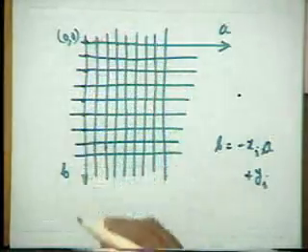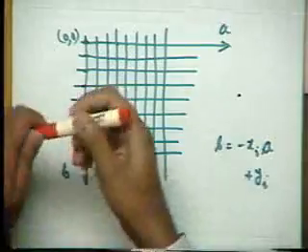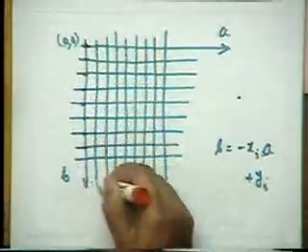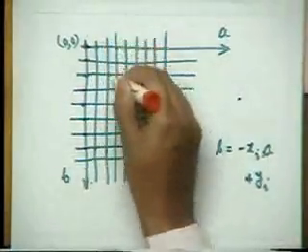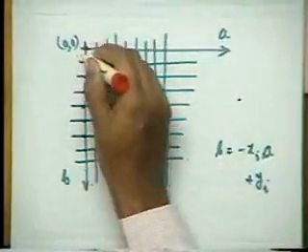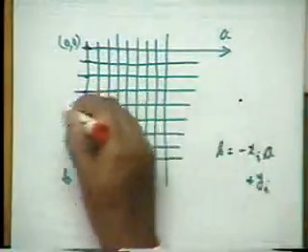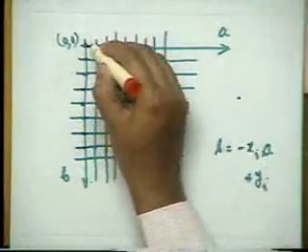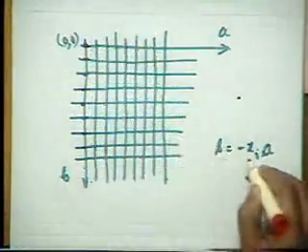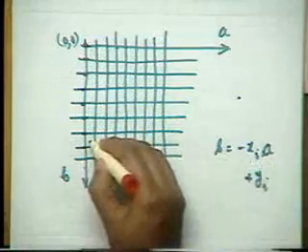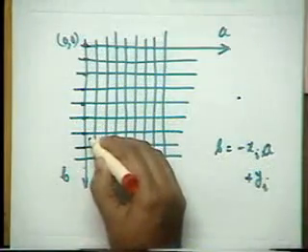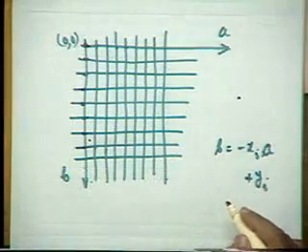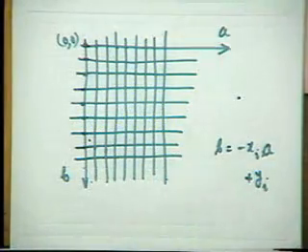Supposing this bin is for A equal to 0, this is the column for A equal to 1, this is the column for A equal to 2, like this, and this is for B equal to 1, B equal to 2, B equal to 3, like this. Now when I find that corresponding to A equal to 1 the value of B is somewhere over here, we will be incrementing that particular cell.